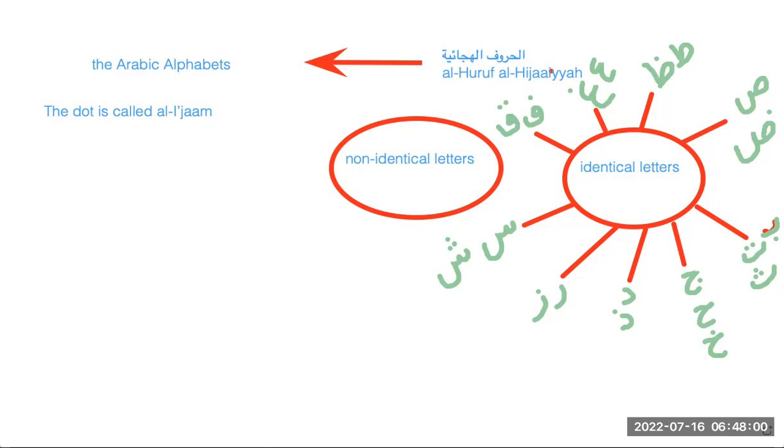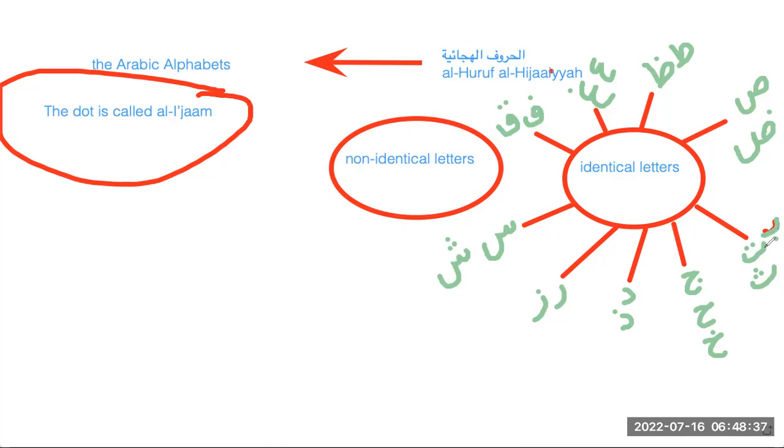This is very important because of the significance and the roles that al-i'jam played. In all these letters, if you look at Ba, Ta, Tha, or Jim, Ha, Kha, or Dal, Thal, or Ra, Zain, or Sin, Shin, till Fa, Qaf, you will realize the role that al-i'jam played.